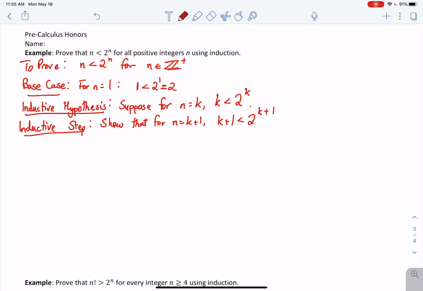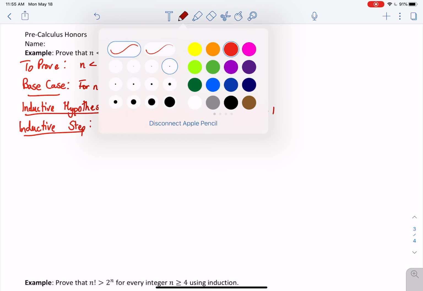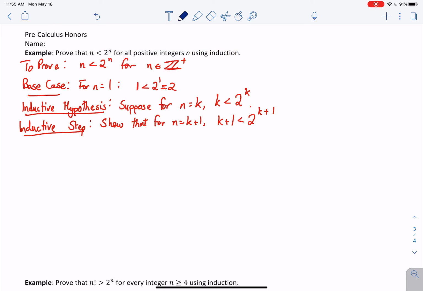A proof like this, we're going to have to play around with a little bit differently. So let's take the statement that we suppose. Here we're going to start off with that assumption. We know from our assumption that k is less than 2 to the k. So I need to start making this look like this. Well, on the left side I have a plus 1, which I don't have over here.